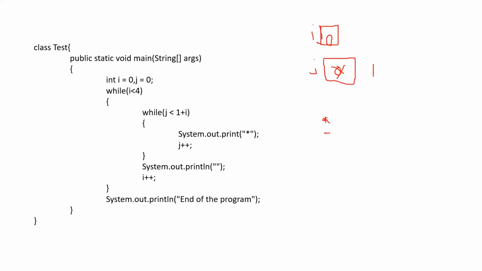We have this line, so control will go to the next line. Then i is incremented, i will become 1. So 1 less than 4, yes, true, go inside. Then while j, yes, so we have to reinitialize the value of j, that is the problem.